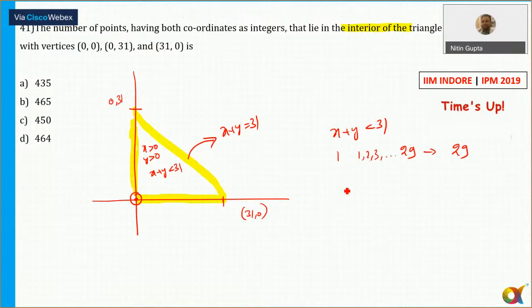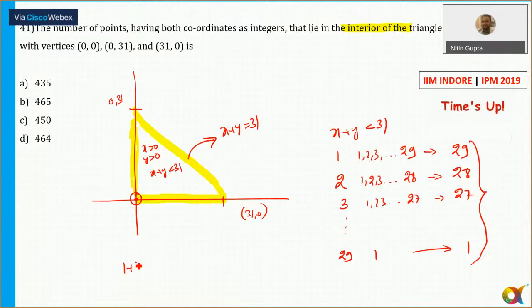If x is 2, then y can be from 1 to 28. 2 plus 28 is 30. If x is equal to the maximum possible value, 29, in that case y is equal to 1, and 29 plus 1 is 30. So the number of solutions is 29 plus 28 plus and so on down to 1, the sum of the first 29 natural numbers.